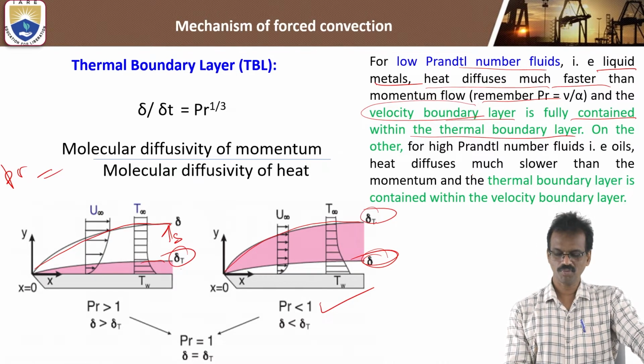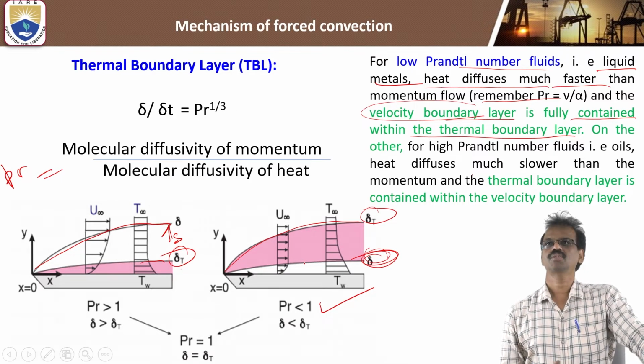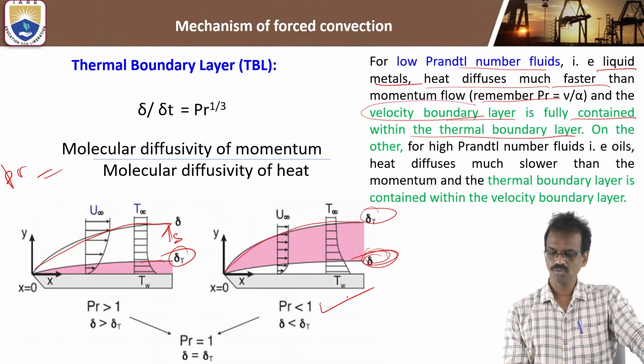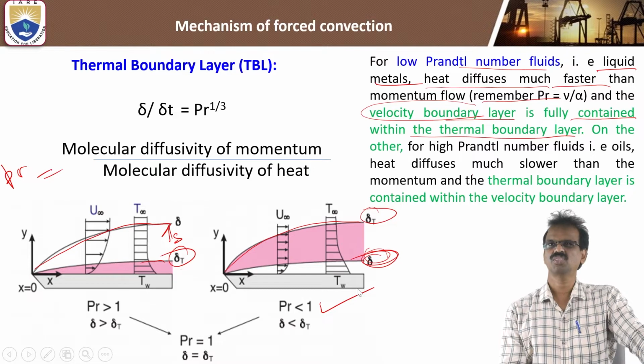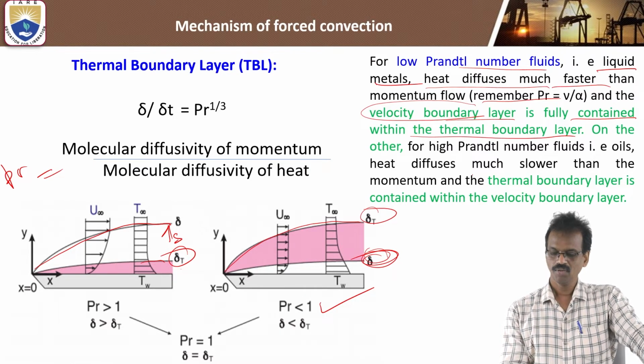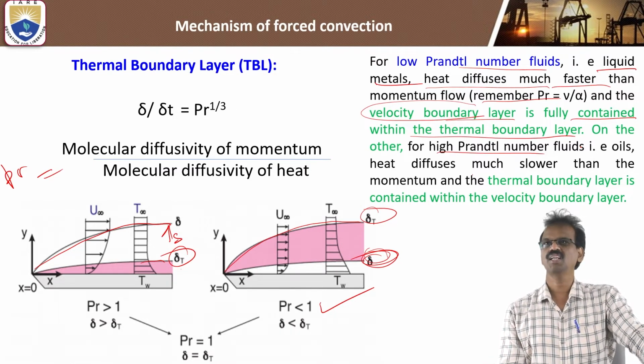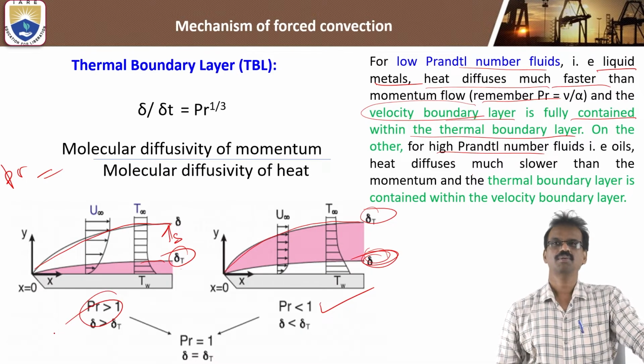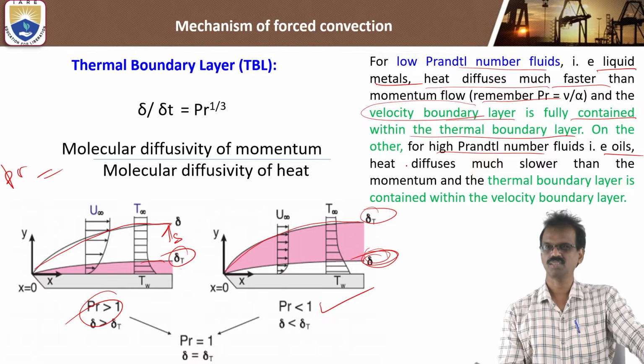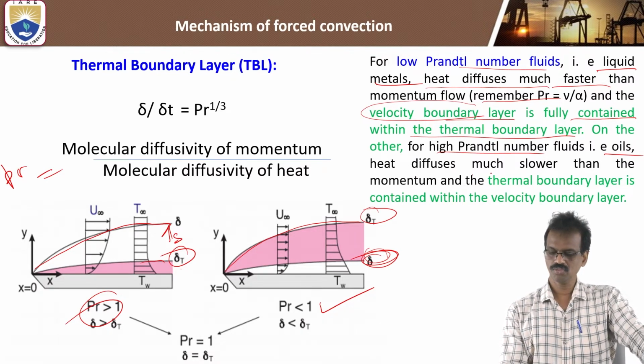It means the thermal boundary layer covers the velocity boundary layer. That is in the case of low Prandtl fluids like liquids. For high Prandtl numbers, it means Prandtl number greater than 1, like oils, heat diffuses much slower than the momentum.